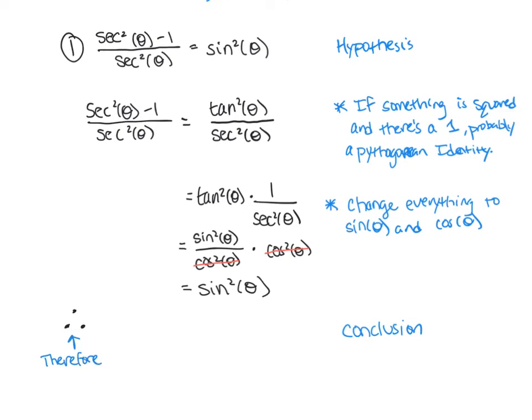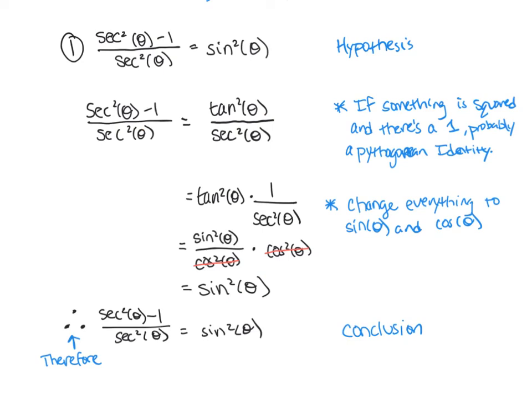Therefore, you repeat your hypothesis again. So therefore, secant squared theta minus 1 over secant squared theta is equal to sine squared theta. So you have your hypothesis, you prove it, you have your conclusion. Make sure you're showing me your work. This is the most important part here.